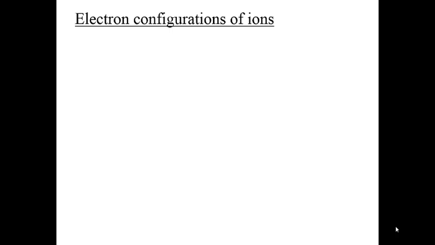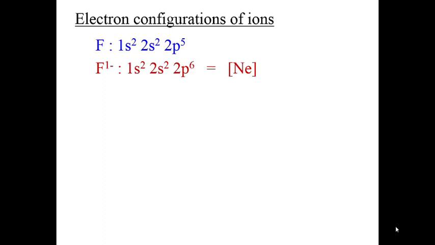For example, fluorine has the configuration 1s2, 2s2, 2p5. For the fluoride 1- anion, one electron needs to be added and it will go into the open spot in the 2p sublevel. So the ion configuration is 1s2, 2s2, 2p6, which is the same as neon.